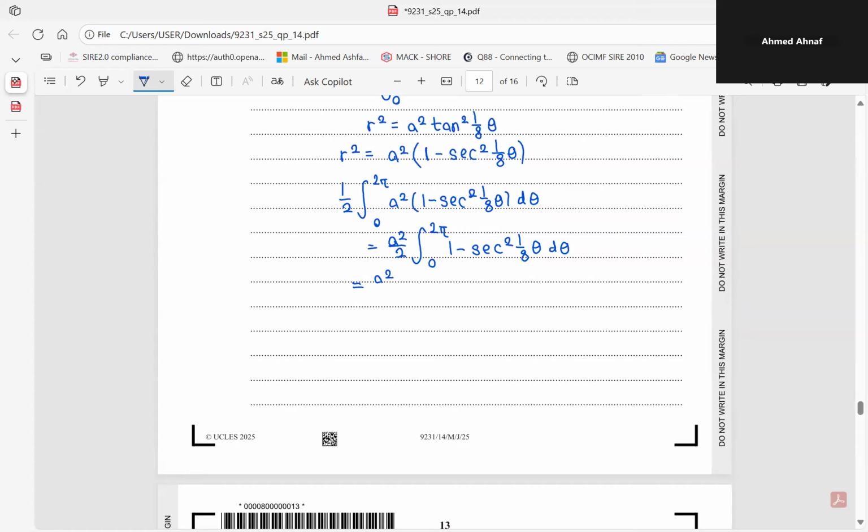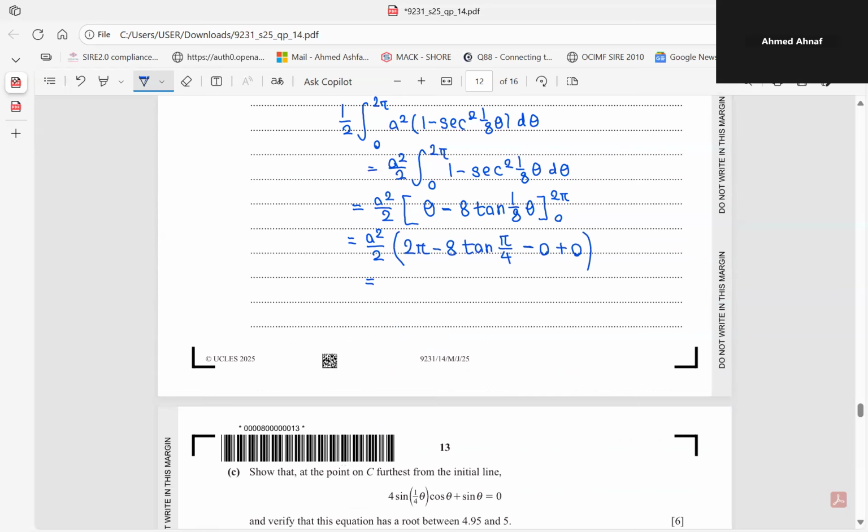Okay, so now let's integrate this. Integrating 1 gives θ, and integrating sec squared θ/8, that is 1 over 1/8, so 8 tan(θ/8), from 0 to 2π. Substituting 2π, you get 2π minus 8 tan(2π/8), that is π/4, minus 0 plus 8 times tan 0, which is just 0.